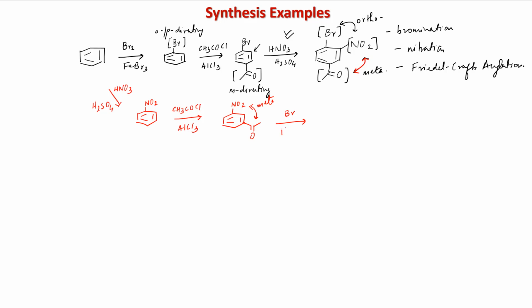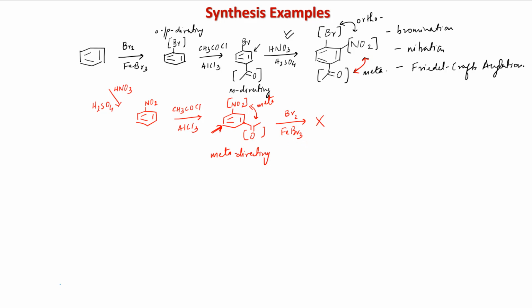So Br2 and FeBr3. But at this point, what we notice is that both of the directing groups on this molecule are meta directing. And so they are both going to send the incoming bromine to this meta position. And this does not yield the product that we want, because we want the bromine ortho to the nitro group.